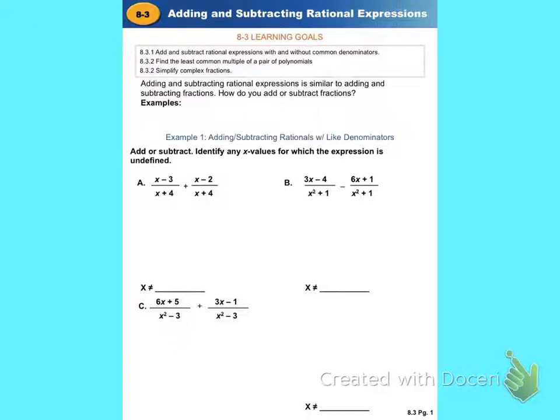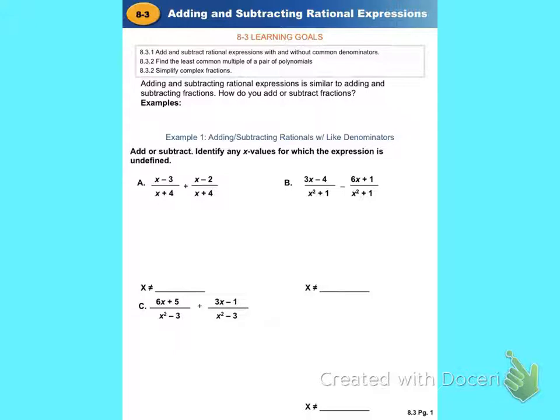Now usually, when we first start learning operations with real numbers, way back in preschool even, we learn about adding and subtracting first, and then multiplying and dividing. So why do you think we started off with multiplying and dividing with rational expressions?